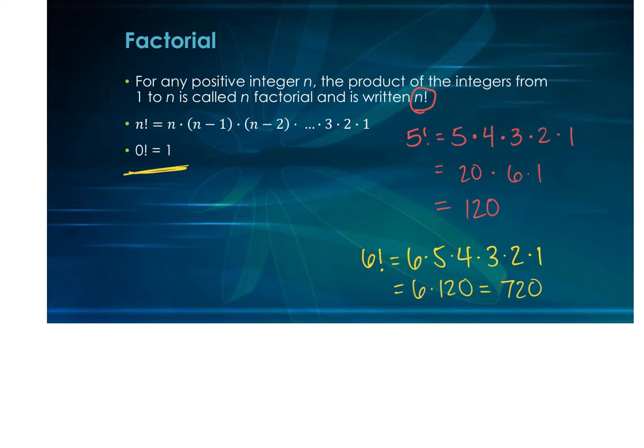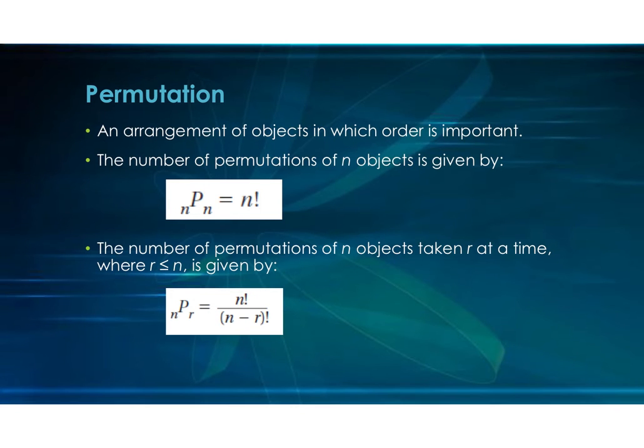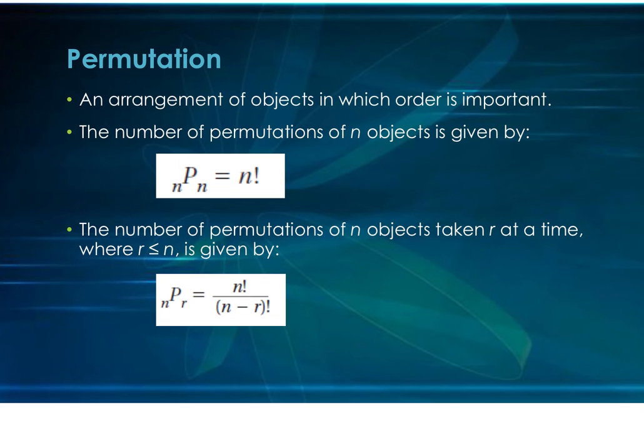Now, the reason they're important is that in permutations, our definition is defined by this factorial, okay? So a permutation is an arrangement of objects in which order is important. So order matters.